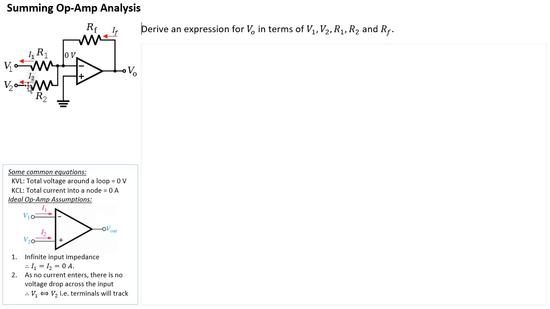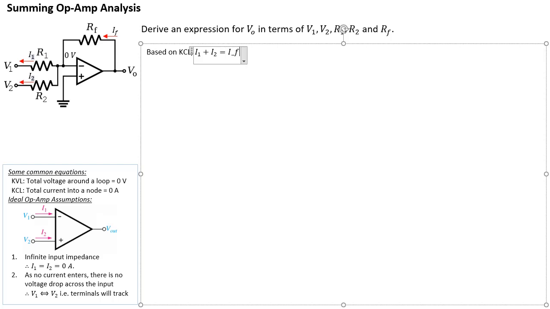In fact, that's the first equation that we will write, based on KCL: I1 plus I2 is equal to IF. That's our first equation from the circuit, which we'll use a little bit later.